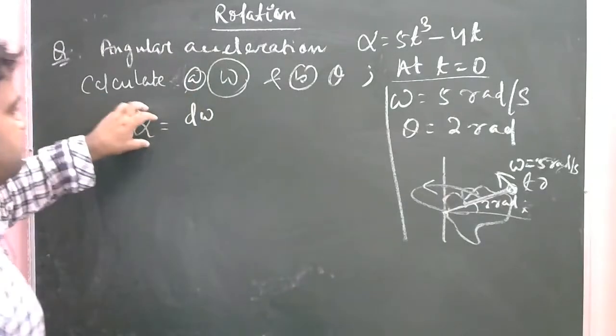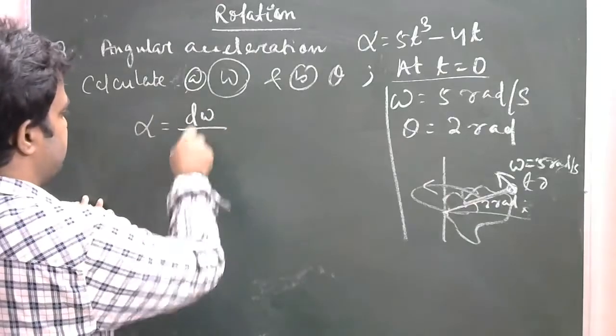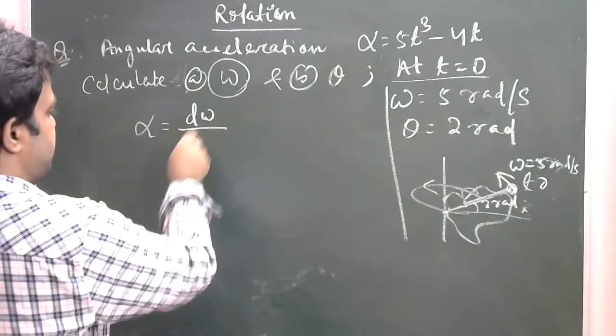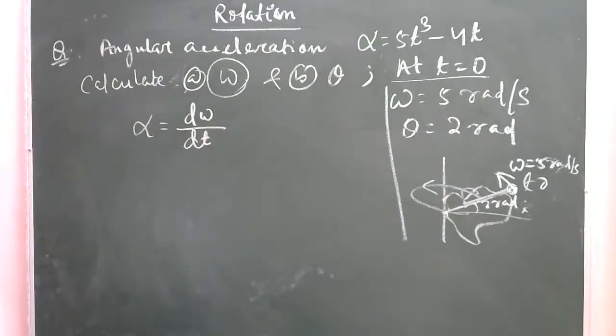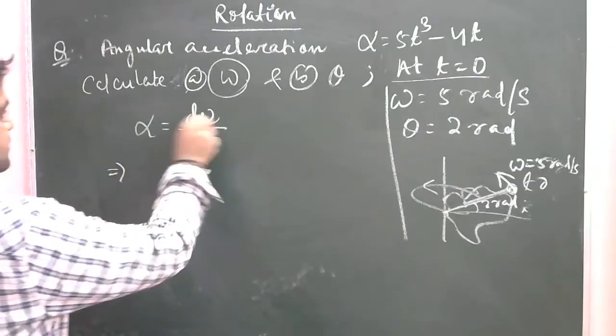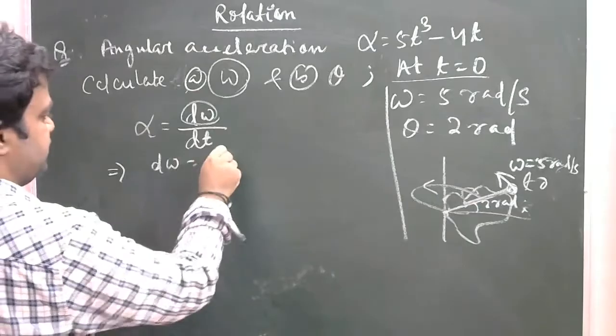So alpha is angular acceleration, the derivative of angular velocity, d omega by dt, the rate of change of angular velocity. Now I can write d omega is alpha dt.